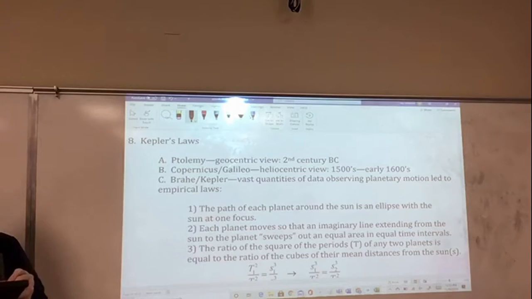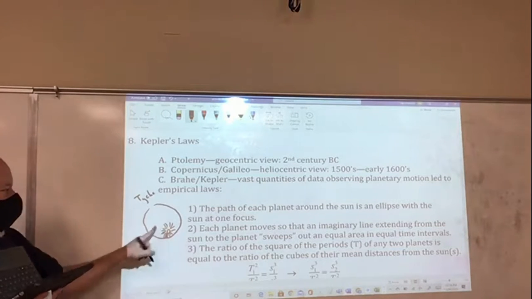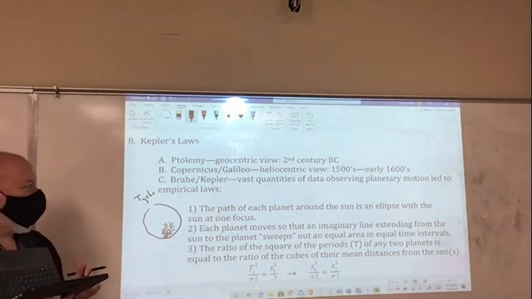This is Tycho Brahe. That's a fun name. And you may be aware that if you look up at the moon, that huge crater at the bottom of the moon that you always see, that's named after Tycho. That's crater Tycho.